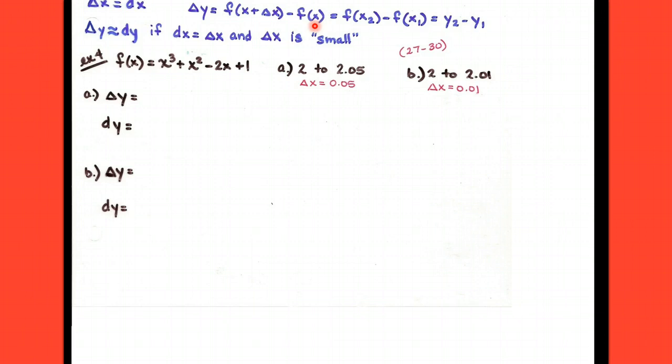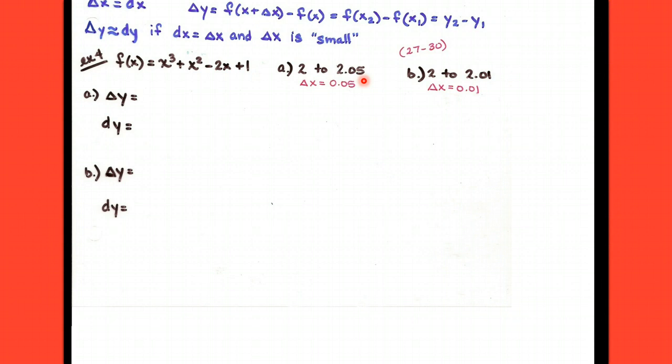So for example number 4, if we think, as they told us, that change in y is a good approximation for dy, they want us to see that. So in example 4, it says compare the values of change in y and dy using this cubic equation and using the values as x changes from 2 to 2.05.